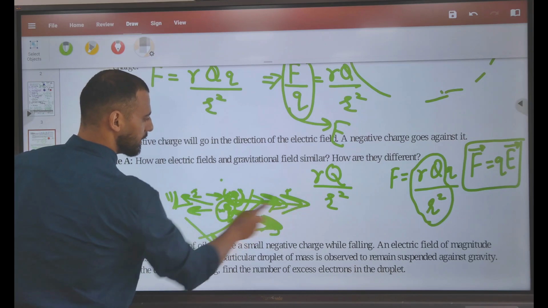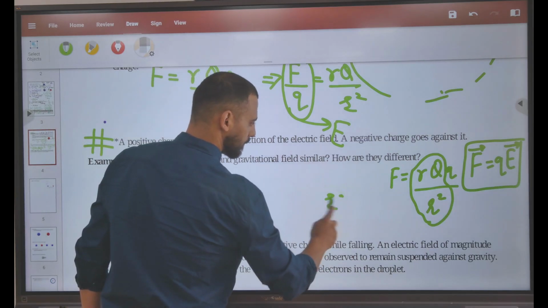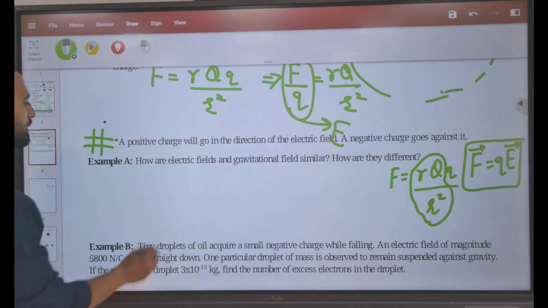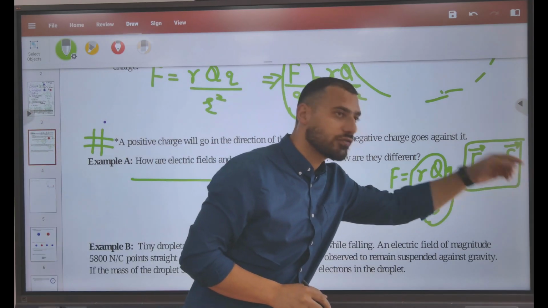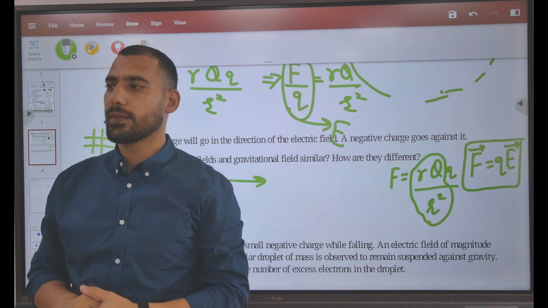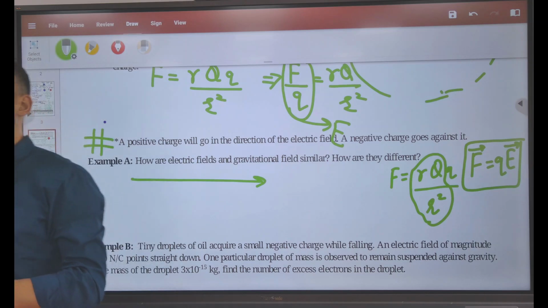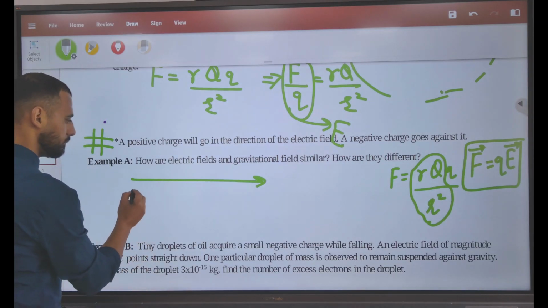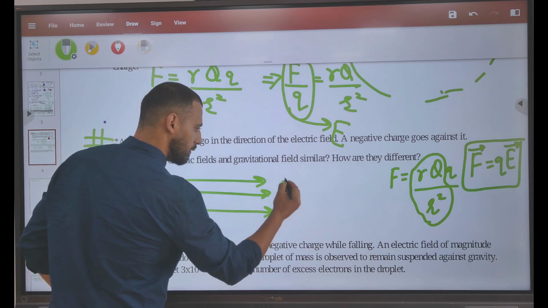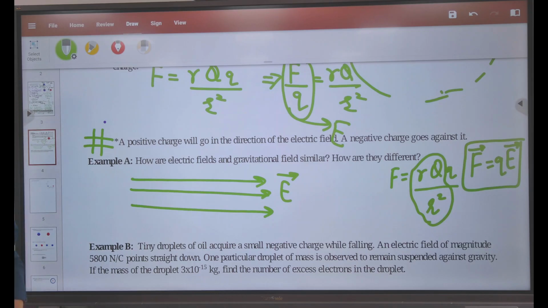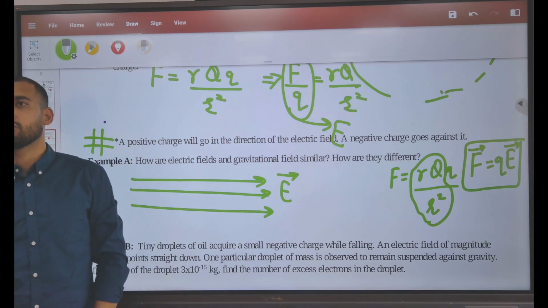And if the charge is negative, force is applied against the electric field.